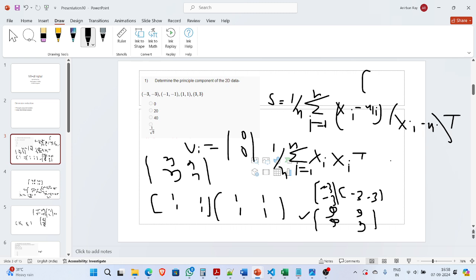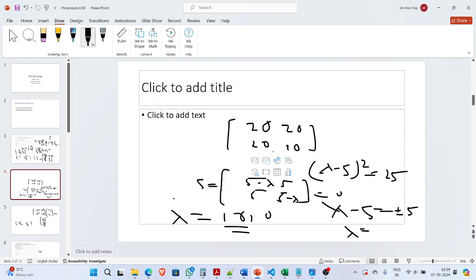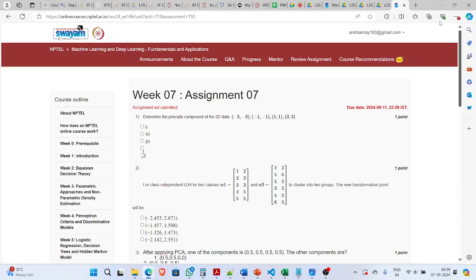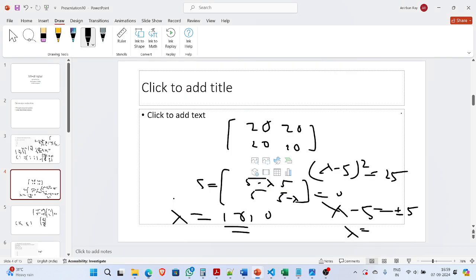This becomes 9, and addition will give you 20. So 20 I've written here, divided by the number, that is 5. I got it wrong. The number is 4, not 5. So we get 5 here.